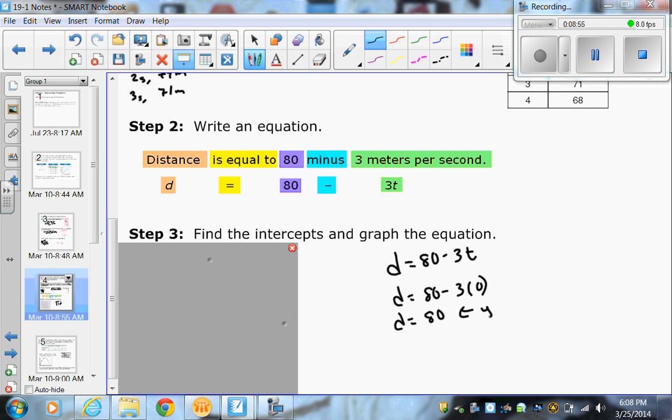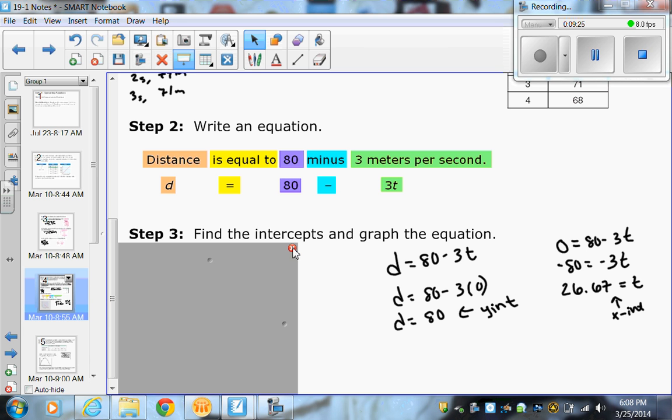So this is our y-intercept. Our x-intercept is when y is 0, so in this case it's d. So we'd have 0 equals 80 minus 3t. So negative 80 equals negative 3t. Divide by negative 3, so that negative divided by negative is going to be a positive. So it's roughly 26.67 is t. So this would be our x-intercept.